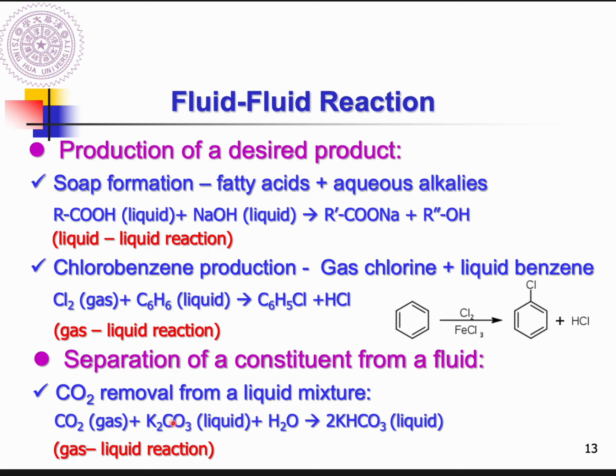Because you are going to generate the product in liquid form, so you can remove the carbon dioxide here. So this is also a fluid reaction involving gas-liquid reactions. No matter which one, in fluid reactions, as we mentioned, you still need to deal with the diffusion part.